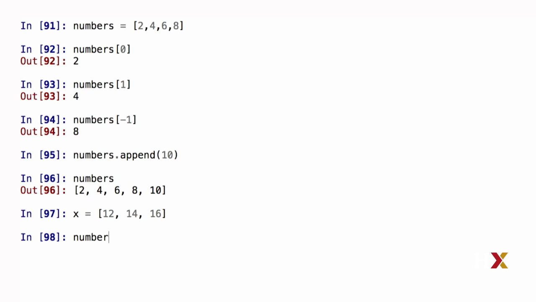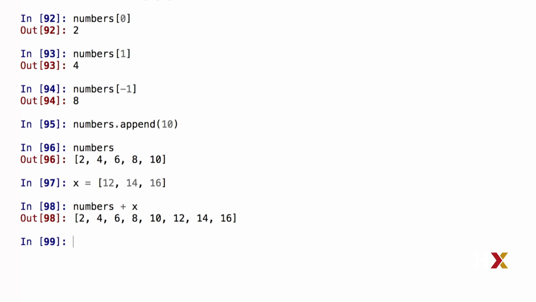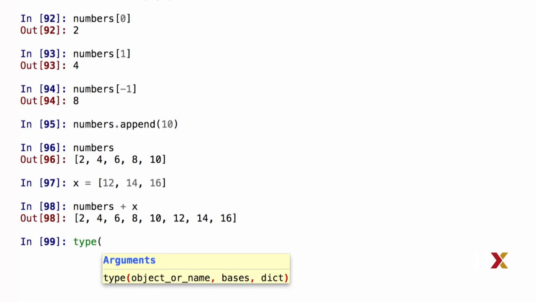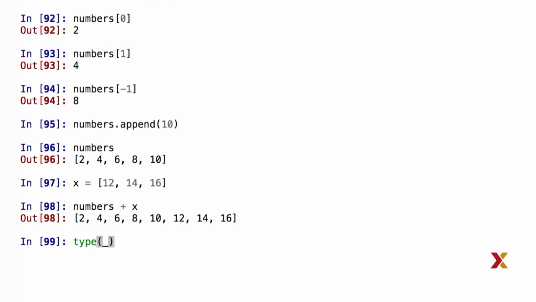So I can type numbers plus X, and you see that the result is another list. I can check that by asking what is the type of the object that Python most recently outputted, and that's a list. So when I type a list plus another list, I'm concatenating these two lists together.